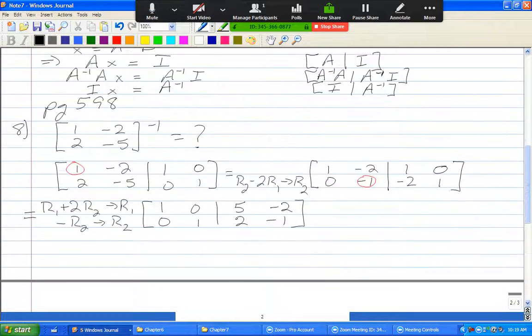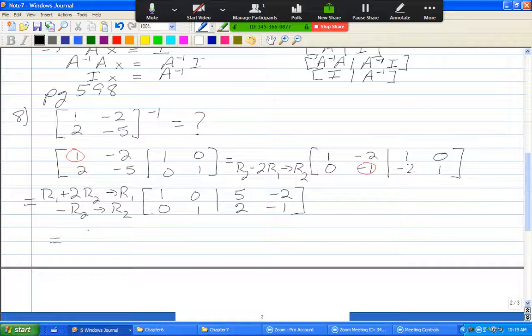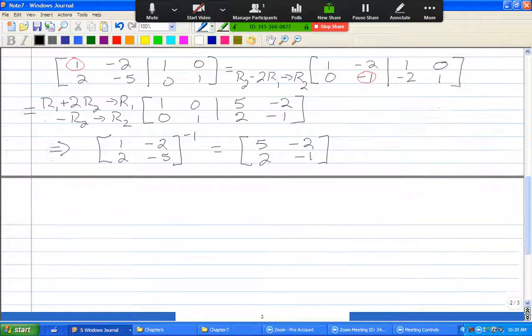And so this says that the inverse is 5, 2, -2, -1. So that is the inverse of this matrix. Okay.